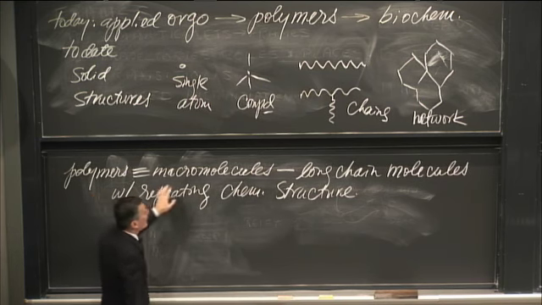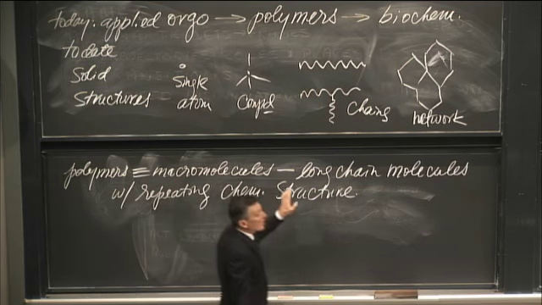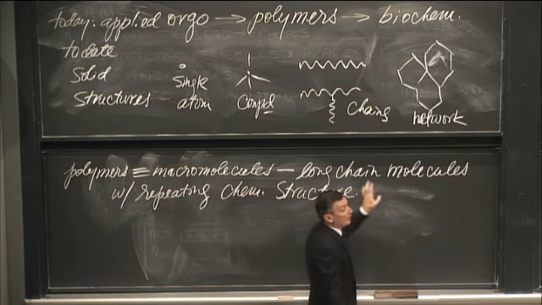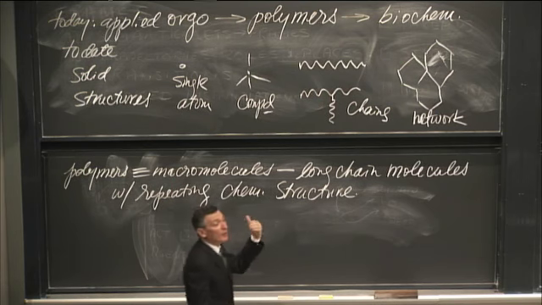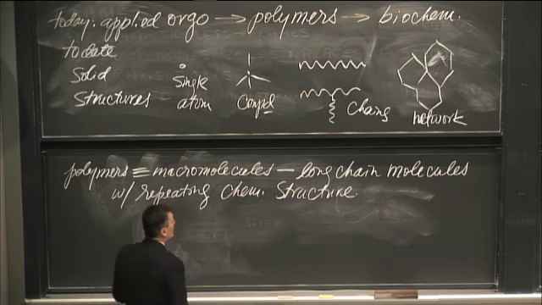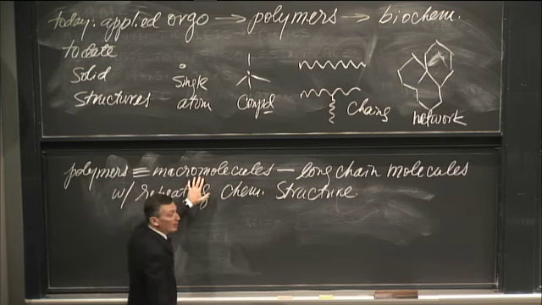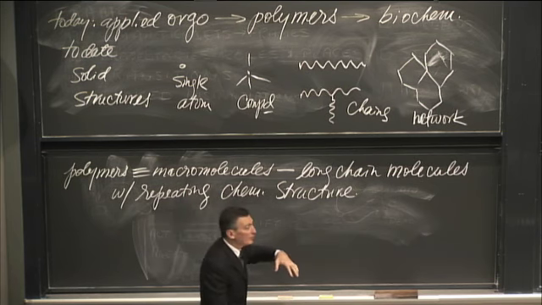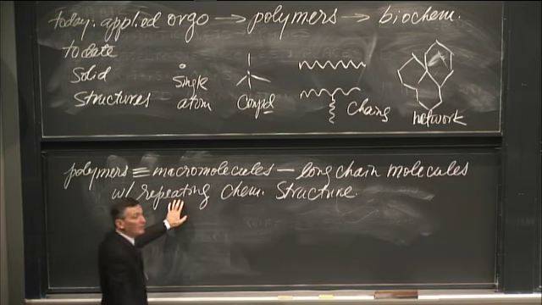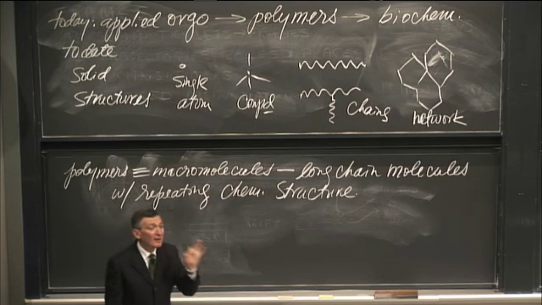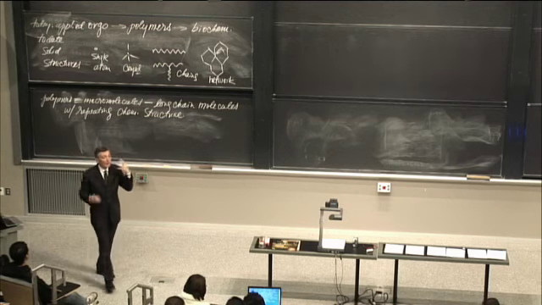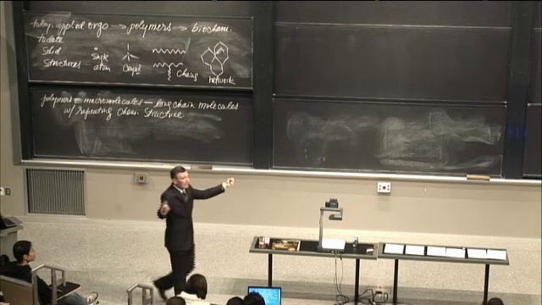Polymers are macromolecules. These are long chain molecules. By long, we're talking about thousands and thousands of repeat units. And this is the distinguishing feature between macromolecules that are found in the body versus macromolecules that are man-made. Mother Nature is a polymer engineer. We are macromolecular organisms.